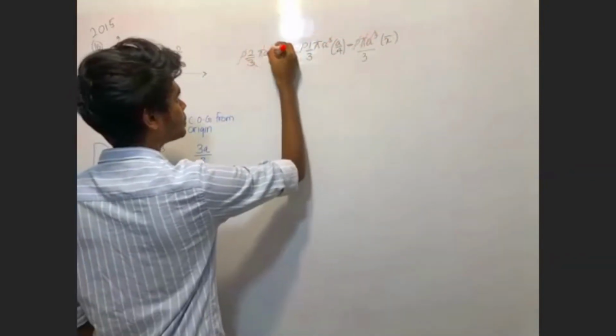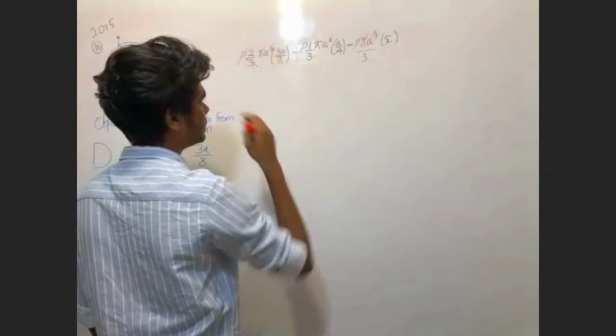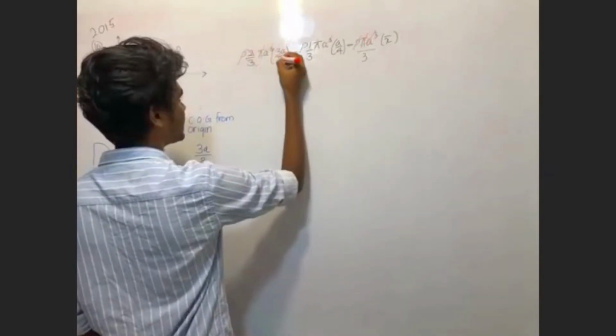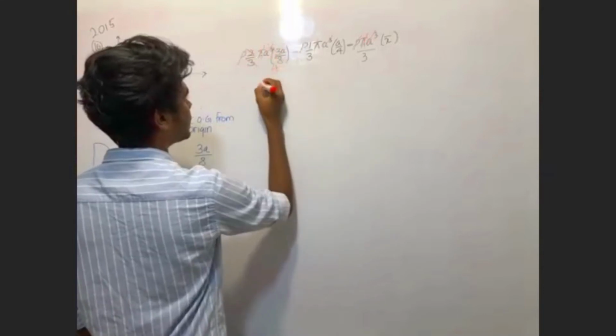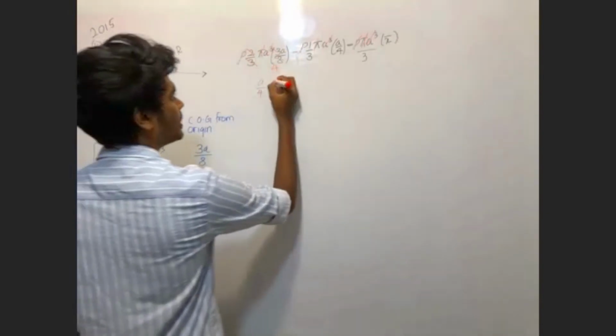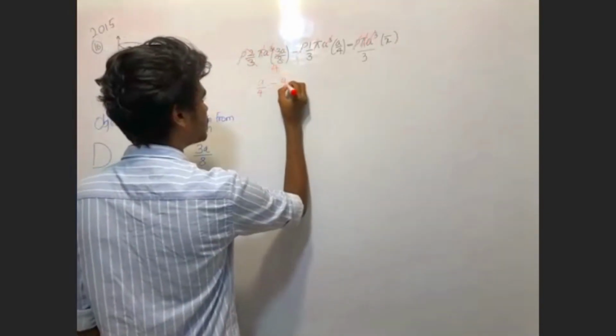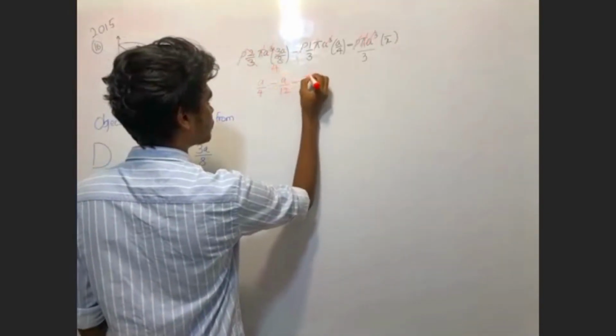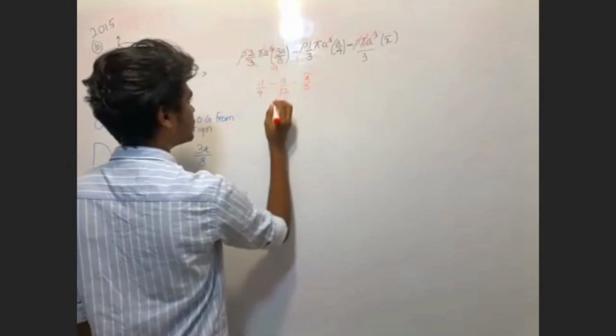So this 3 to 3 cancels, 2 over 8 cancels 4, so a over 4 minus a over 12 is equal to x bar over 3, right?